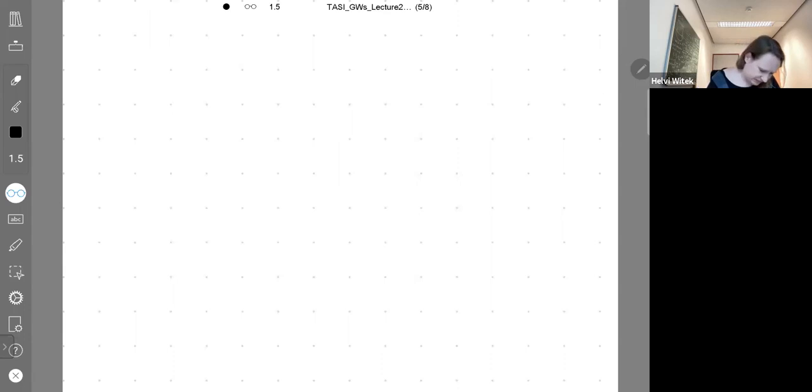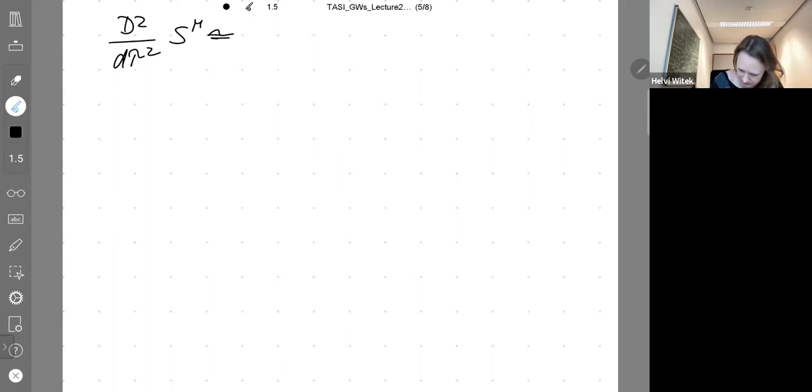So as I said, if we insert our expansion for the velocity, we will find that this equation becomes R mu 0, 0 sigma as sigma to leading order in epsilon, and then we neglect higher order terms here.